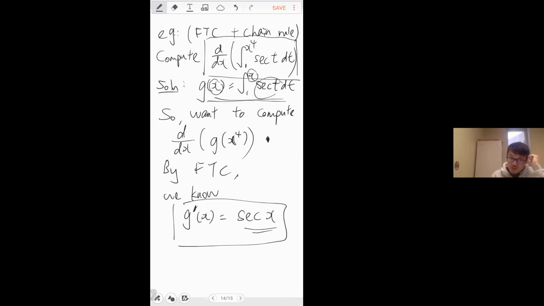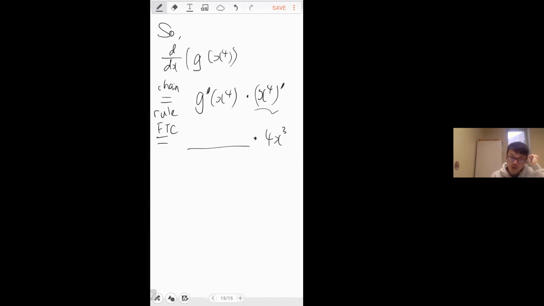I know that g prime of x is secant of x, so g prime of x to the 4 should be secant of x to the 4. Make sense? Questions?